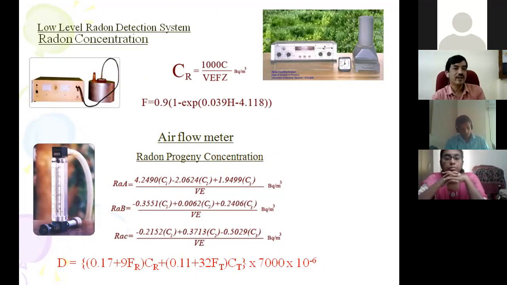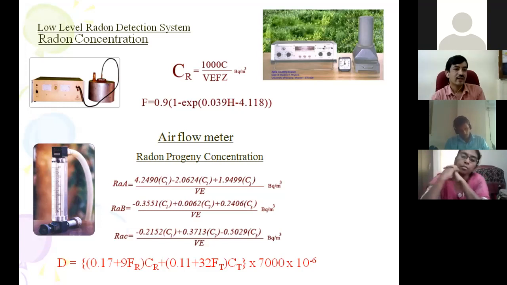As the name indicates, this instrument can measure very low levels of radon concentration, say 4 to 10 becquerel per meter cube. That means in 1 meter cube of air, if the activity is 10, that is, 10 alpha particles are emitted in 1 meter cube of air, that amount can be measured with this LLRDS system.